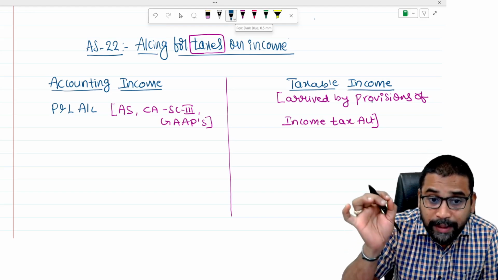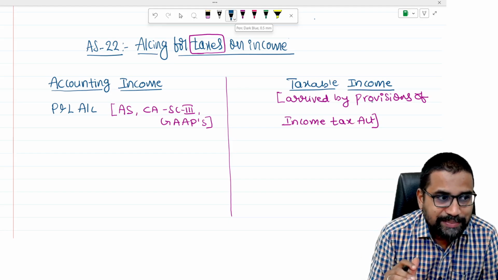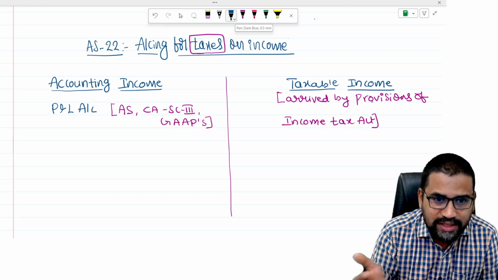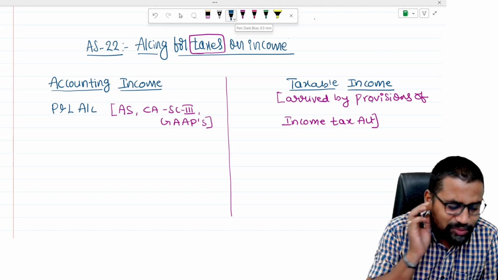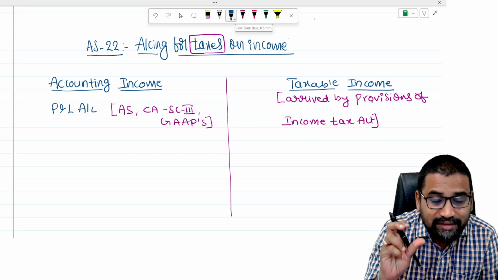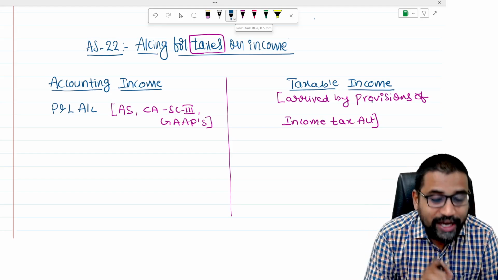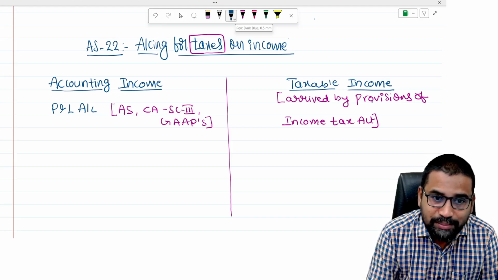And when they prepare P&L account, they follow generally accepted principles like accrual concept, consistency concept, contingency concept, prudence concept, substance over form. All these principles we follow, and we prepare the P&L account, and we arrive at the net profit. And we follow accounting standards, and we follow schedule 3. By following all these provisions, we prepare P&L account.